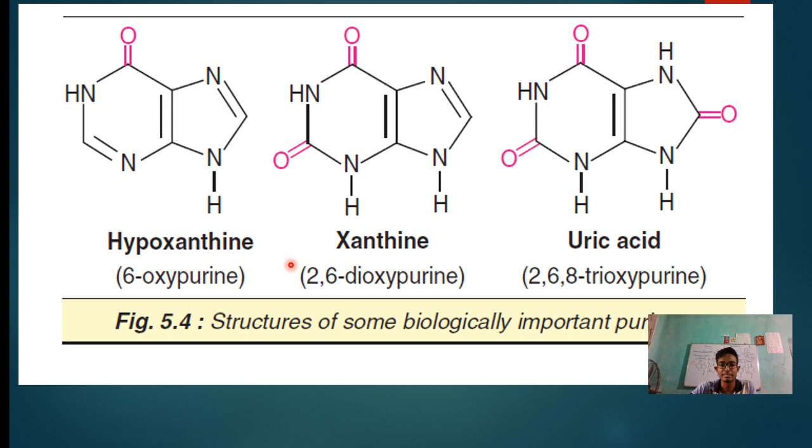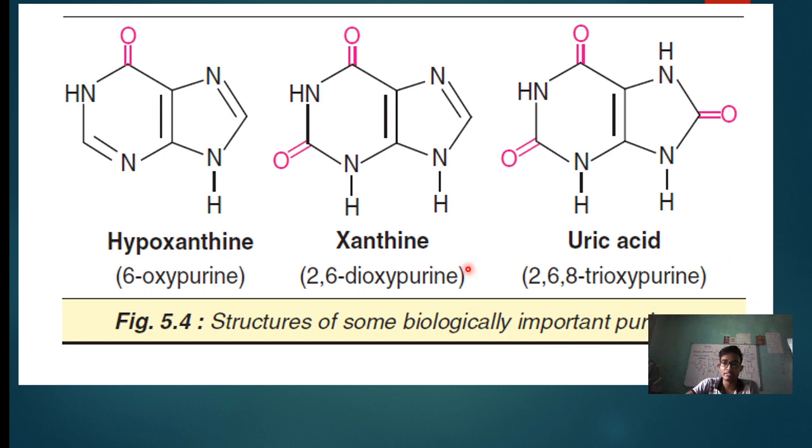At the position of 6 an oxy is present, so it is 6-oxypurine. You can see the 2 and 6 positions, so it is dioxypurine. And here there are 3 oxy groups present, so it is 2,6,8-trioxypurine. These two act as intermediates in the synthesis of purine. But uric acid is the final product of purine degradation.